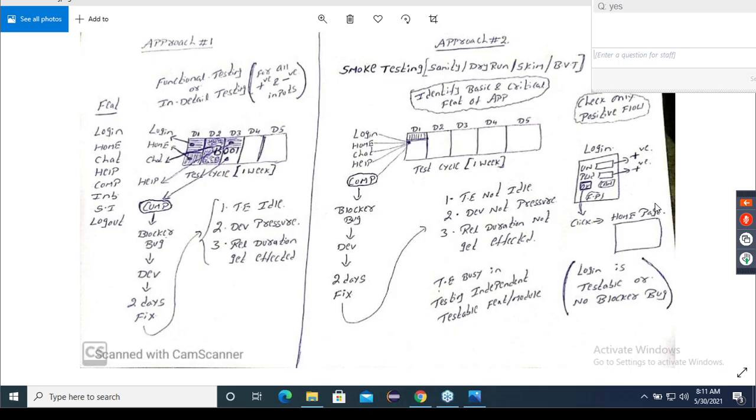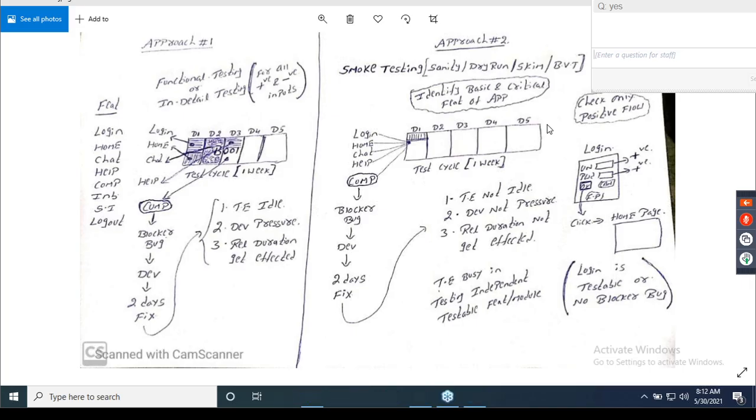Smoke testing is done only to find the blocker bug at a very early stage of the build.